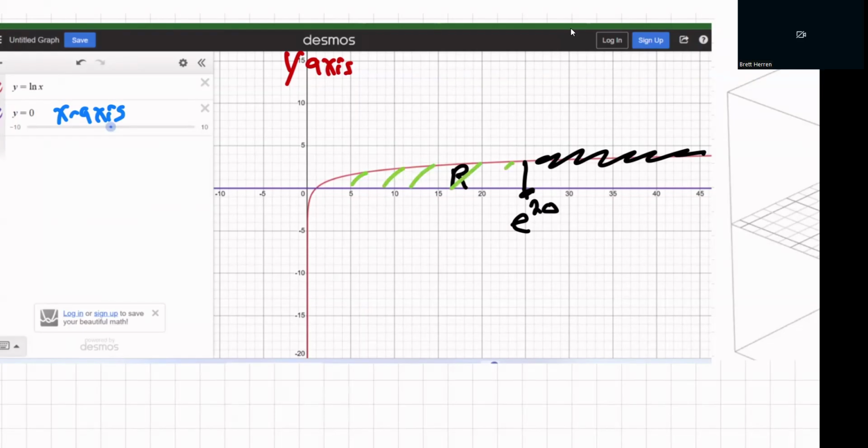So there's the region, and we're going to rotate that around the y-axis. It's going to start sort of here and go like that for a long while, and it's going to have that other straight line right here.